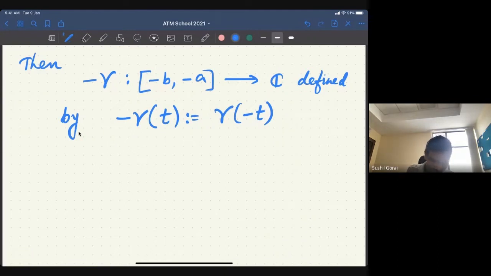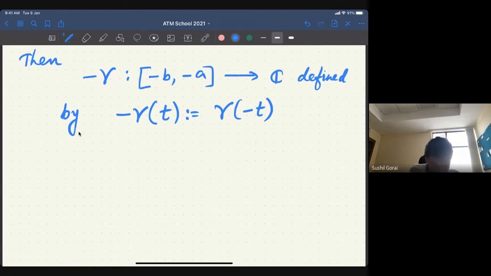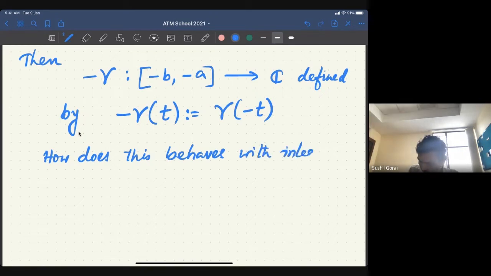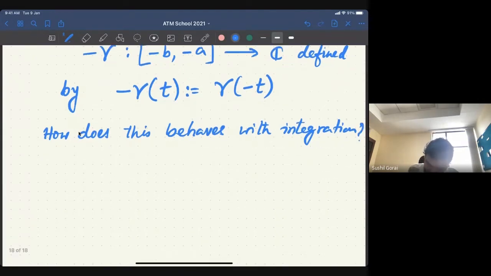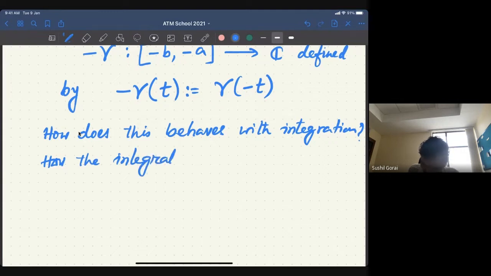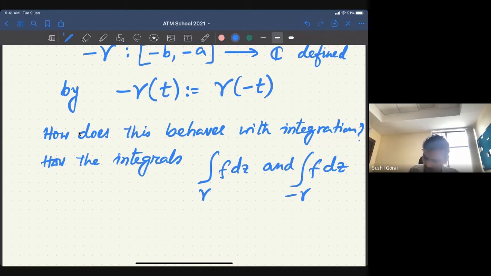So how does it behave with integration? That means, what is the relation between the integral over gamma of f dz and the integral over minus gamma of f dz?